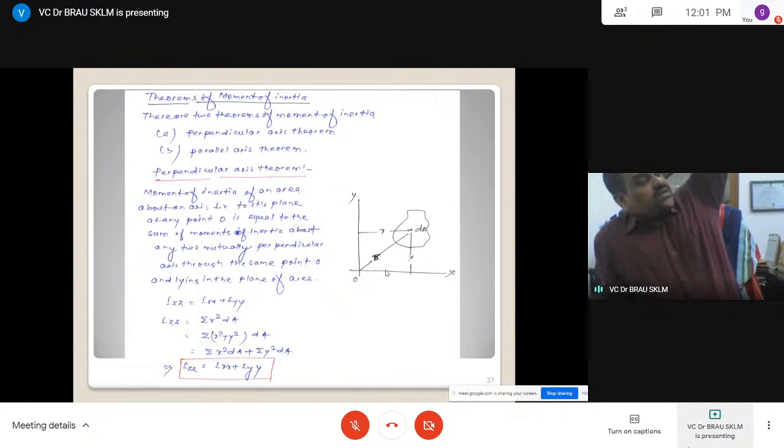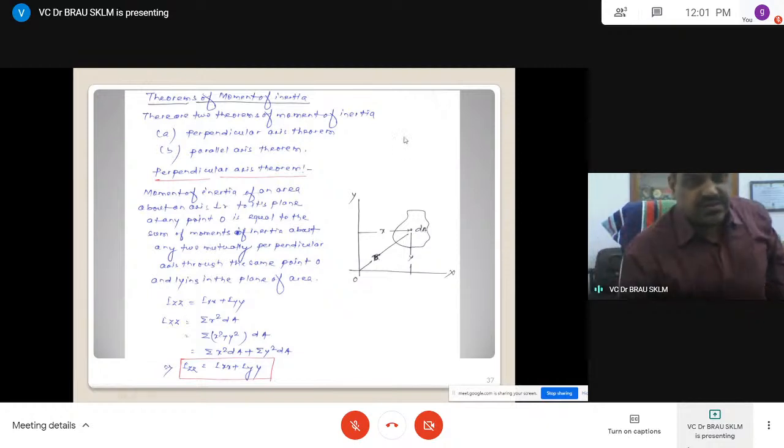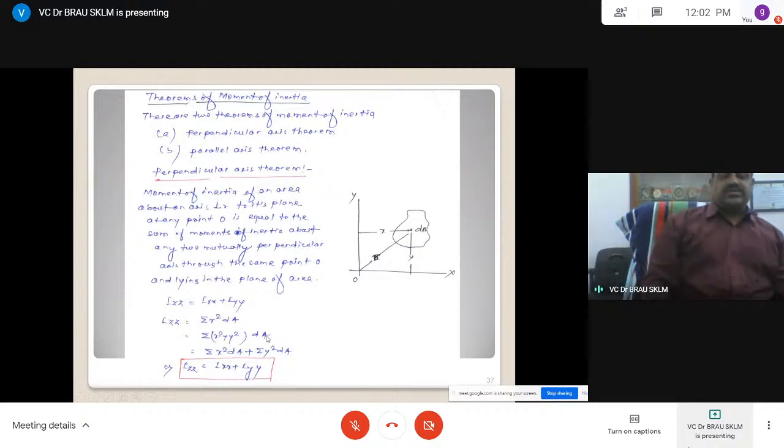R squared is equal to x squared plus y squared as per the Pythagoras theorem. Then you can sum up and find the integral, that is the summation. One sum is x squared dA, the other sum is y squared dA. See, this is how the perpendicular axis theorem is derived. There is no need to derive it again. Once we know Ixx and Iyy, we can use the perpendicular axis theorem.